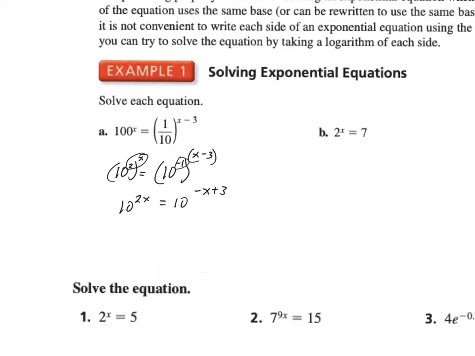Why did I do that? It's because I multiplied negative 1 times both of these numbers. So now that the bases are the same, we can set the exponents equal to each other. This is one of the ways that we solve exponential equations. Negative x plus 3, add x to both sides. 3x equals 3, and so x would have to be equal to 1.